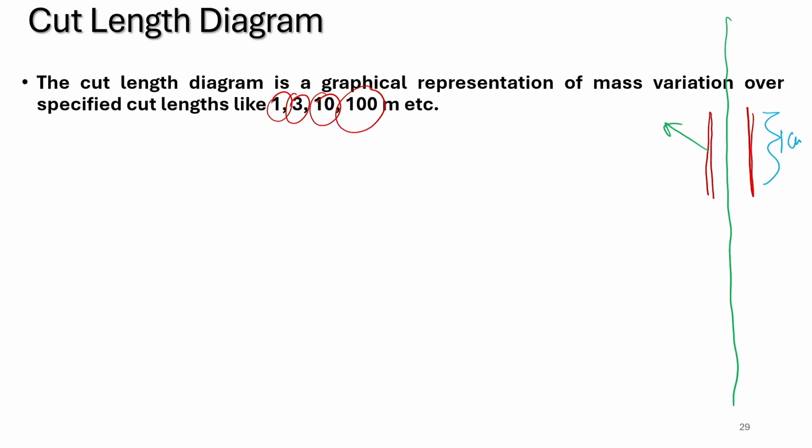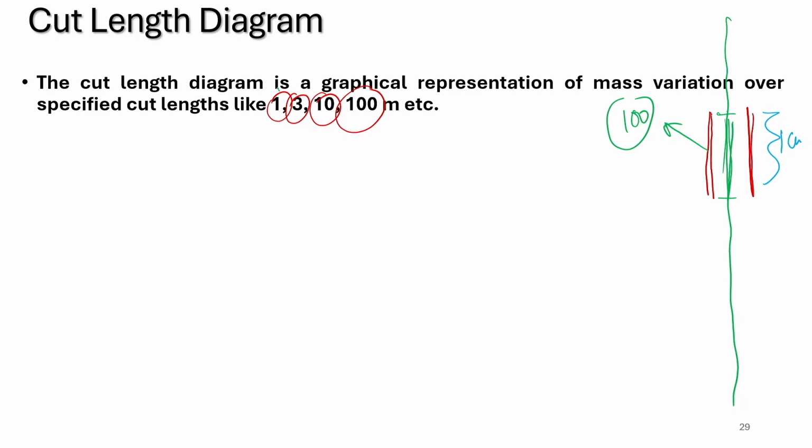So, typically initially we measure the mass at each and every centimeter, but if we slow down, so after 100 such data, if we take the mean, so if you slow down the rate of acquisition by 100 times, that means after 1 meter it will add the 100 data.